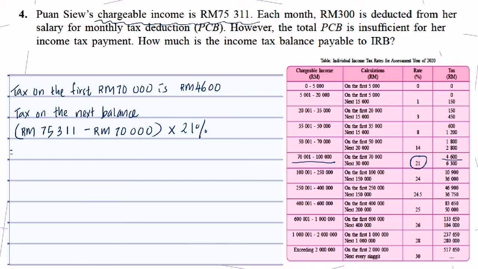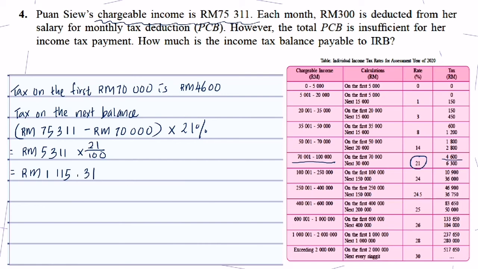So equals 5,311 times 21% equals 1,115 ringgit 31 cents.